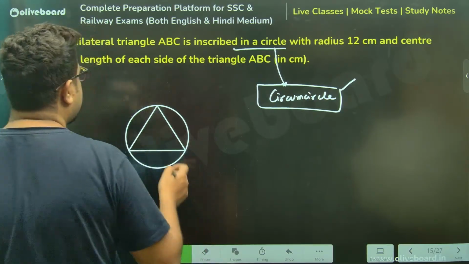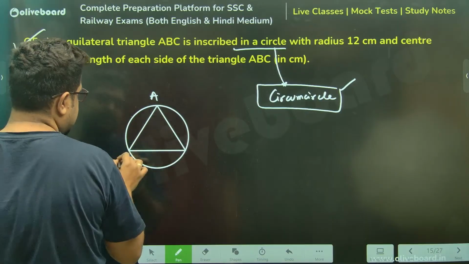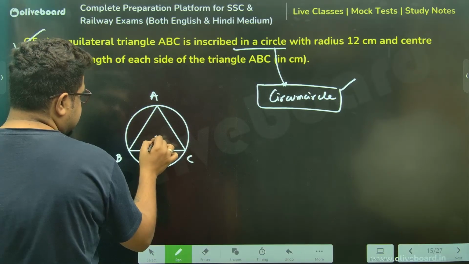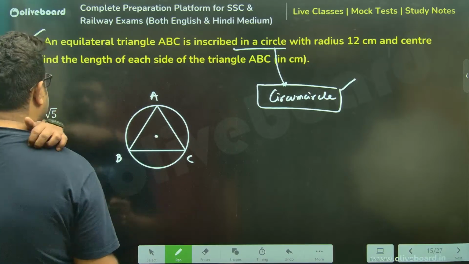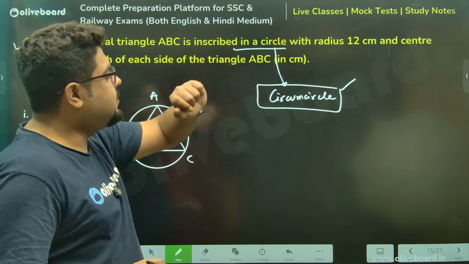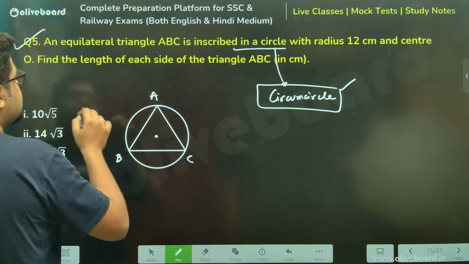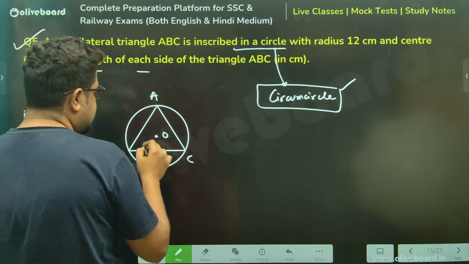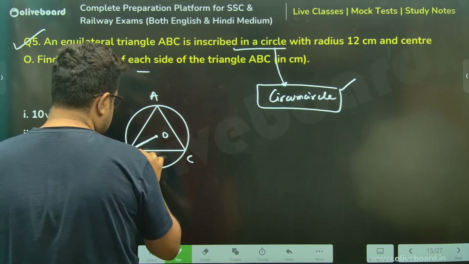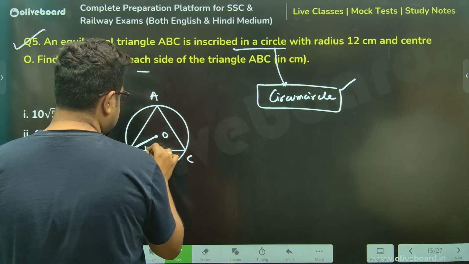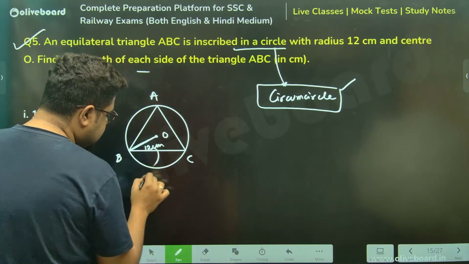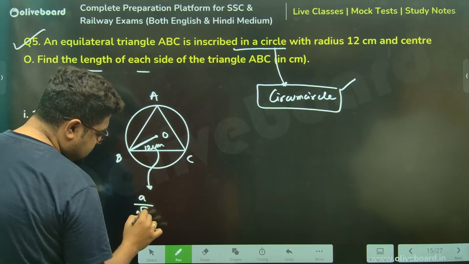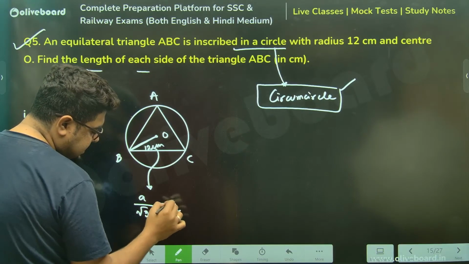Right? Equilateral triangle ABC. Radius is 12 centimeter. Acha, sir. That means circumradius is 12. Center is O. Find the length of each side. Sir, this is 12 centimeter. Circumradius is A by root 3. We have just done it.